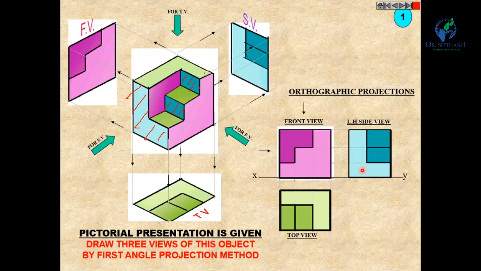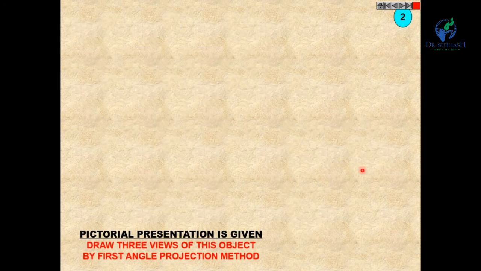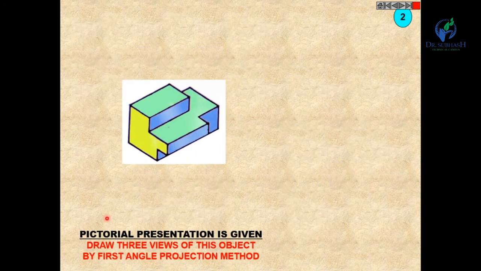Now let us see one more example. A pictorial presentation is given. Draw the three views of this object by the first angle projection method.